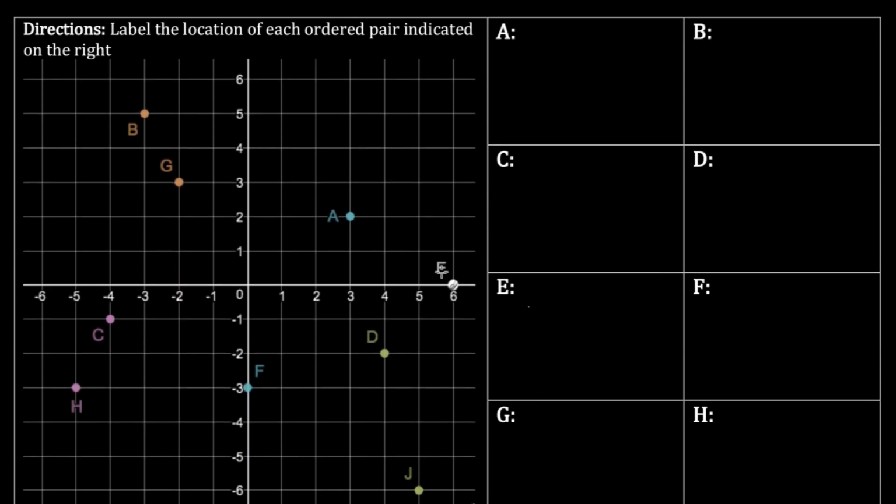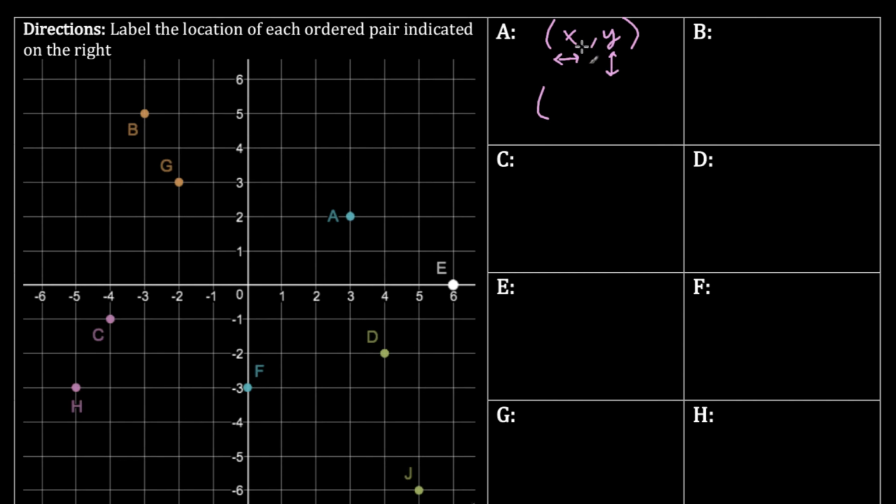So let's label the location of each ordered pair. I'm going to find A. Remember, we have an x and then a y. The x is left and right. The y is up and down. The x measures how far left and right you go. The y measures how far up and down you go.